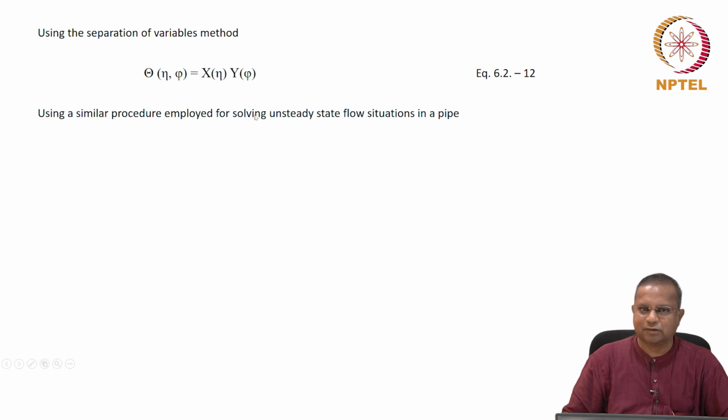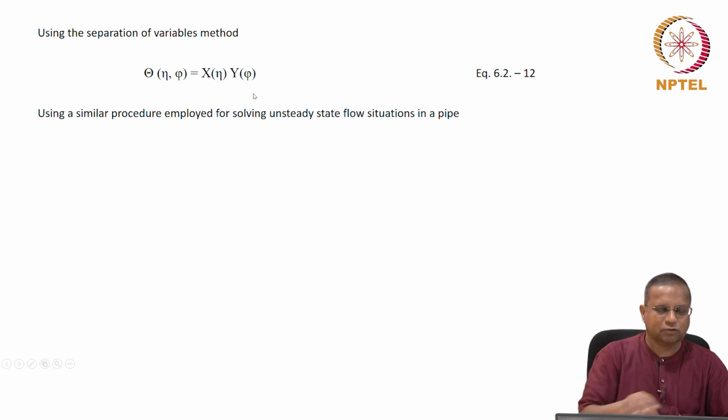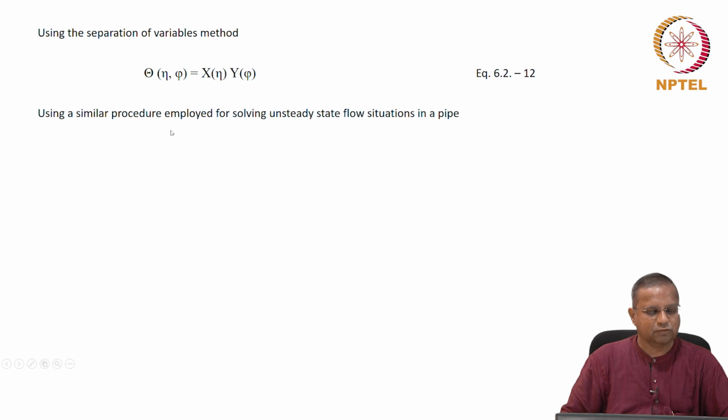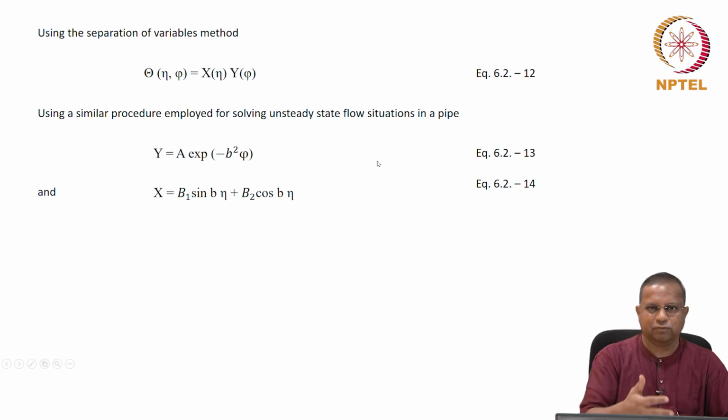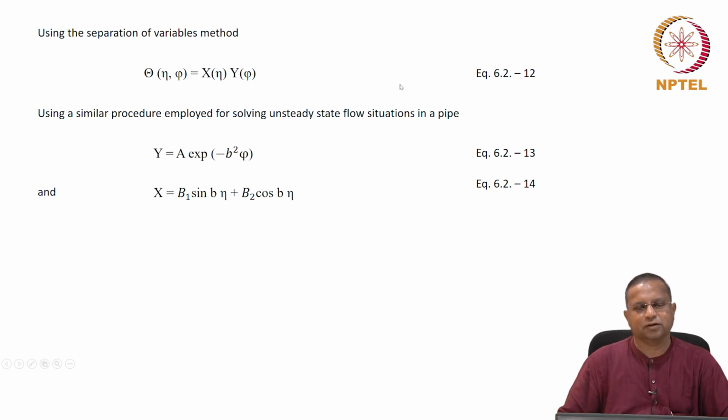If you go back to that solution, the procedure would be similar. If you do that, this y could be an exponential of minus b squared phi, equation 6.2-13, and x, which is a function of eta, is b1 sine b eta plus b2 cos b eta, equation 6.2-14, and this you must know from your math course, which is a prerequisite for this course.